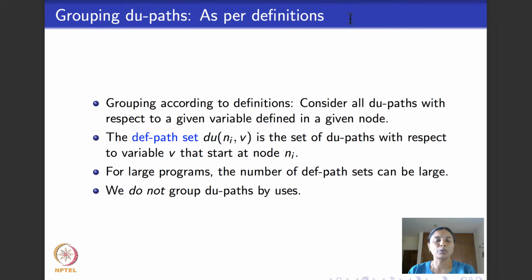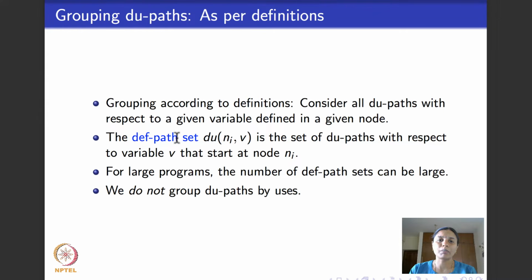So how are we going to group DU paths as per definition? When we group a DU path according to a definition, we consider DU paths with respect to a given variable defined in a given node. And we define it like this. So V is the variable whose definition and use we are tracking. It so happens that V is defined at this vertex Ni in the graph.